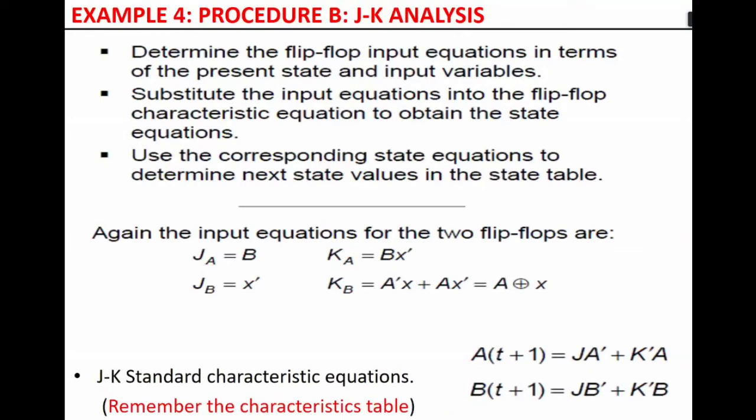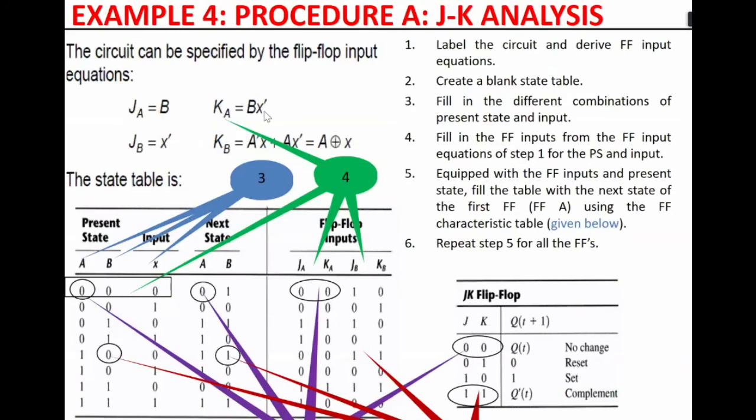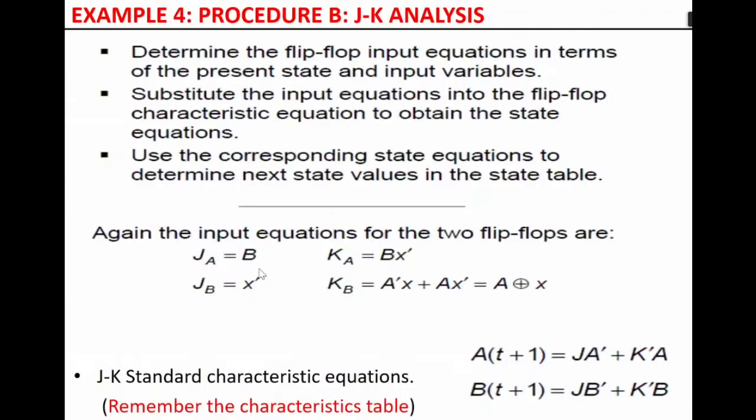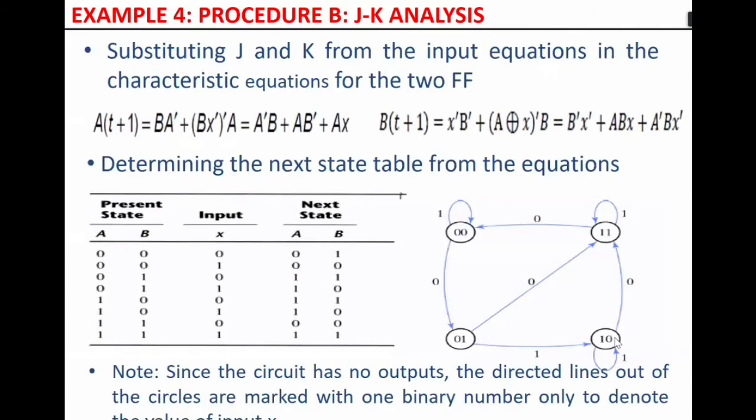There is another way, procedure B, using the characteristic equations. You derive the input equations JA, KA the same way. Here they are. Then the characteristic equation for a JK flip-flop says the next state of A or B is J times A complement plus K complement times A. Don't memorize it. Where is that equation coming from?